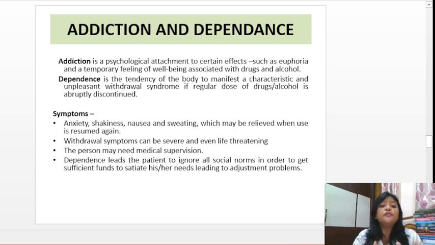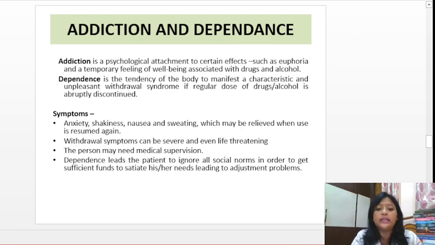So what are the symptoms of this dependence? People start feeling anxiety, sweating, nausea, and shakiness, and once you start giving them those drugs again, they feel fine. Sometimes some people even take their lives. When withdrawal syndrome symptoms begin, it becomes life threatening.